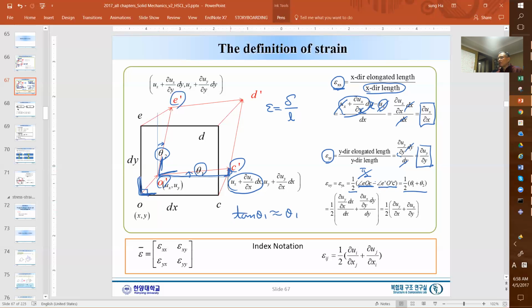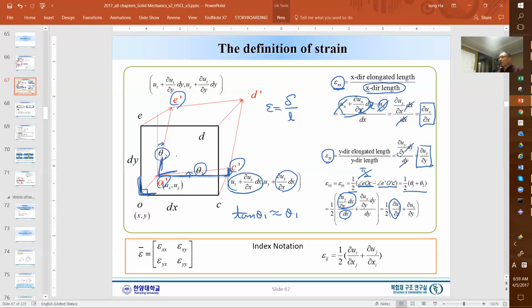Tangent theta 1 is this vertical displacement, which is the y directional difference, and this divided by the dx will be simply the y derivative with respect to x. That is this term divided by dx, simply uy divided by dx.